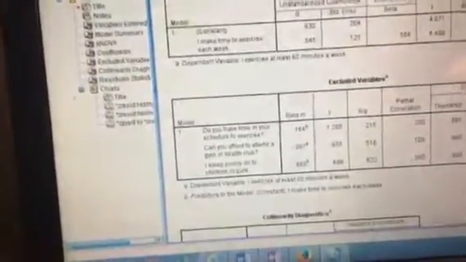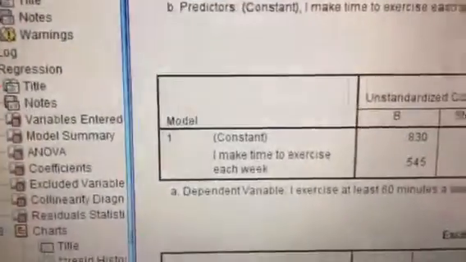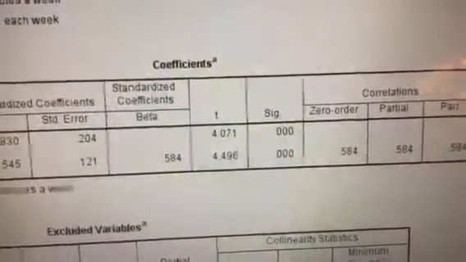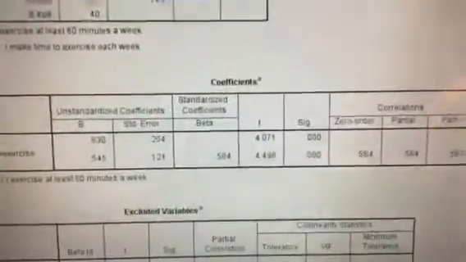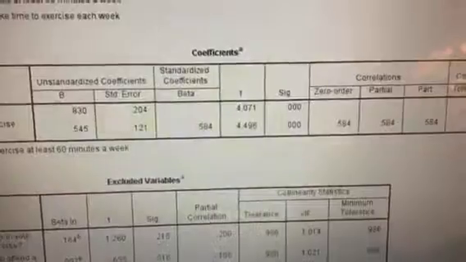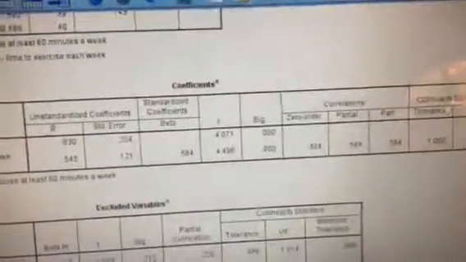But what the PP plot's telling us is that only a few of these guys actually work. We can only get one model. And the only coefficient that's going to work that makes sense is I make time to exercise each week. It has a T of actually, in this case, 4.496 with significance of 0, so we're good. Good strong T and the major contributor to this.